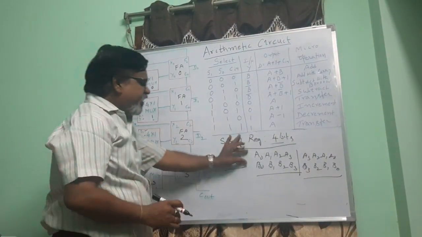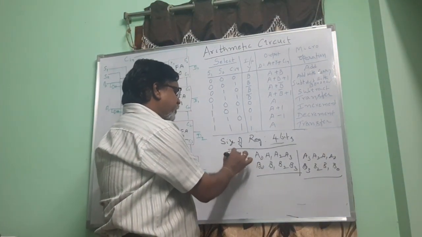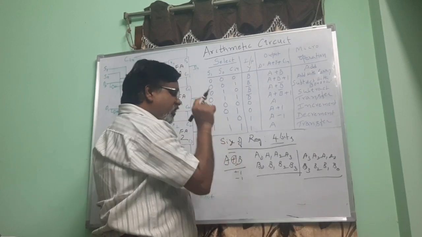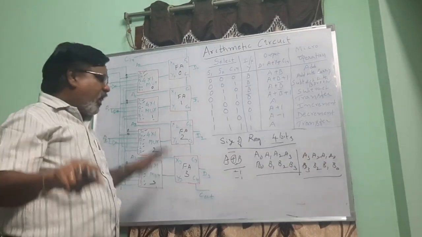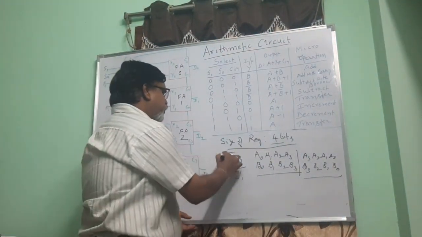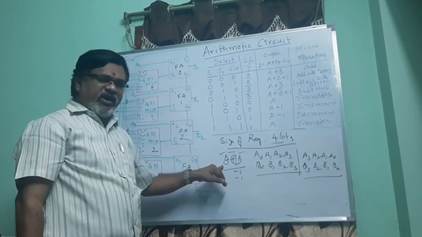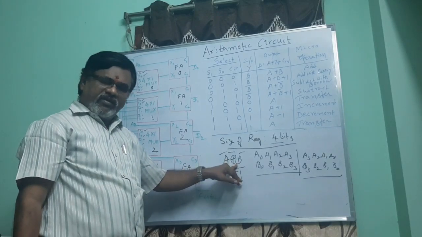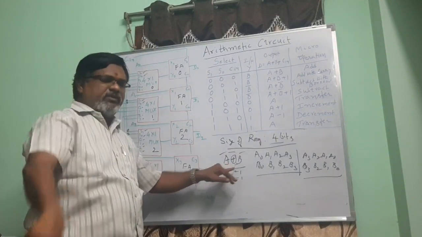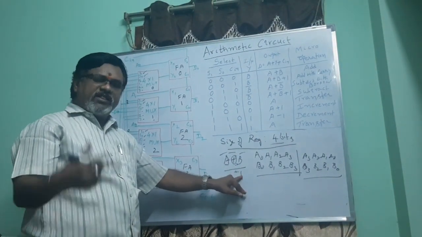So actually, either addition between these 2 inputs or subtraction or incrementing or decrementing is being done not by the multiplexer. It is being done by the full adder. So whatever the 2 inputs we are giving, one input is A, the second one is maybe B, or one input is A, the second one is maybe minus B in the case of subtraction. One input is A, second one is plus 1 in the incrementation.